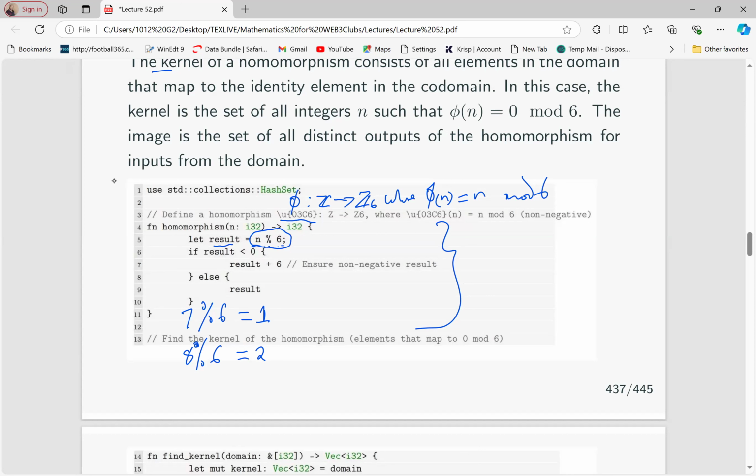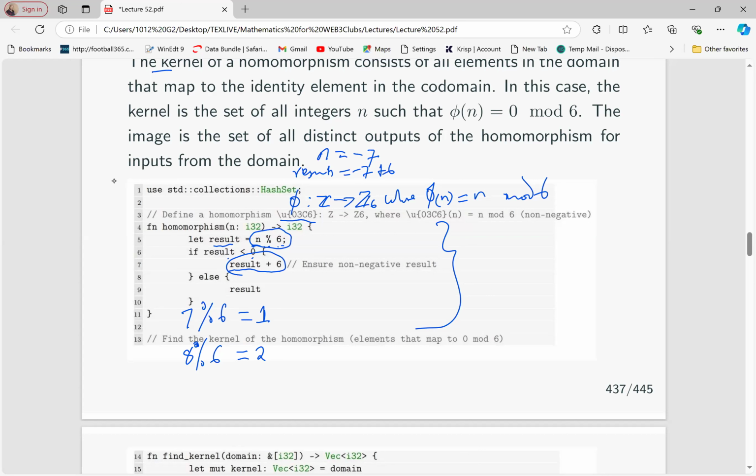Then it says, if the result is less than 0, for instance if n is negative 7, then you obtain a new result by adding 6 to it. We add 6 several times until we get a non-negative number. So if our result is negative 7, this is not what we write. We add 6 to that and get negative 1.